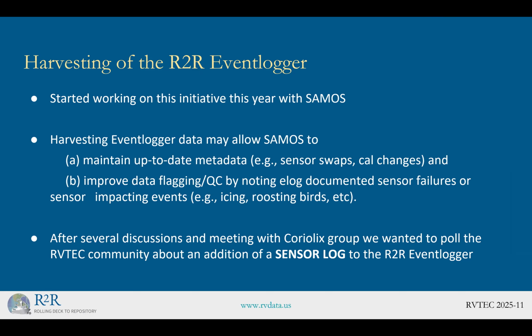We want to keep you from sending emails to SAMOS. Right now, usually you send an email saying we swapped out a sensor, please flag the data or change the calibration information. This would take that step and make it automated. Instead of sending an email, you create a small event, an API call is sent to Sean, he's notified, and he flags the data.